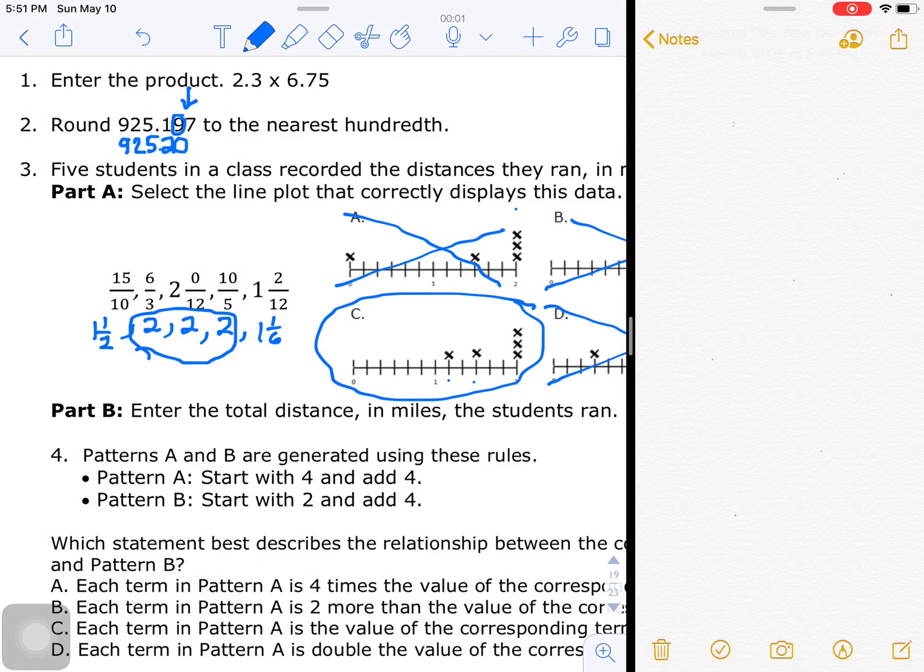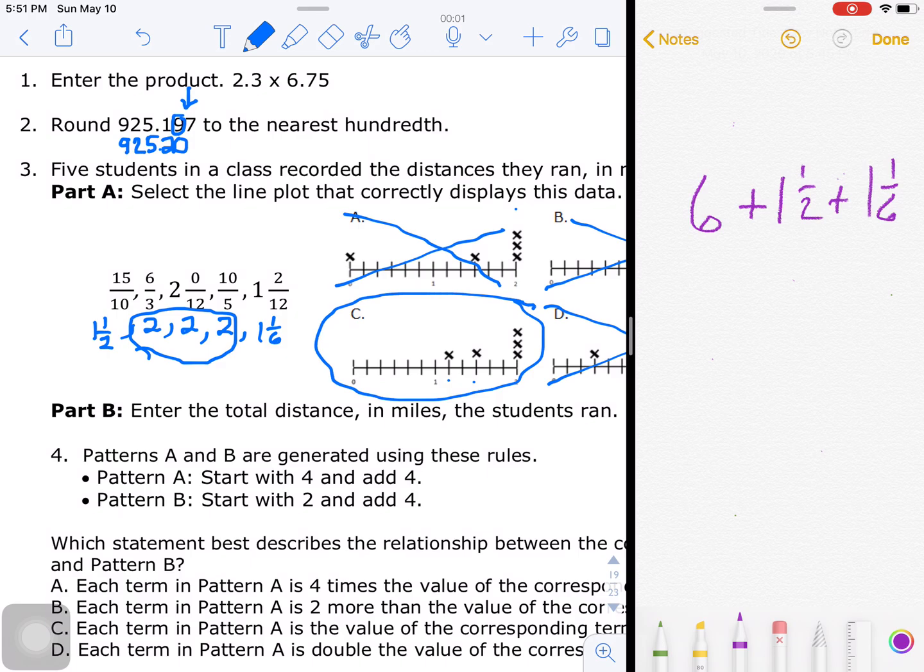Well, the first thing I can easily see is 2 plus 2 plus 2 is 6. I can easily calculate that. So I have 6 plus 1 1/2 and 1 1/6. Well, 6 plus 1 plus 1 is 8, and I'm left with a half and a sixth, and I can easily convert halves into 6ths.